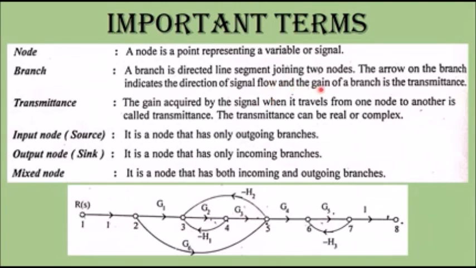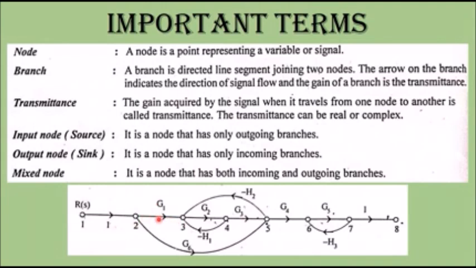And the gain of the branch is the transmittance. So what is a transmittance? Transmittance is nothing but the gain of a particular path or particular branch. Here the transmittance is 1, here the transmittance is G1.